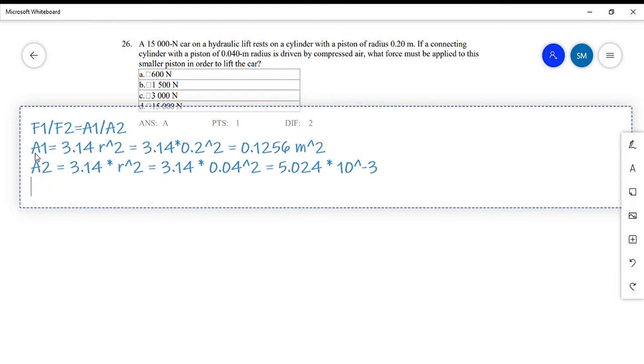Let's substitute directly. F1 is, as he said in the question, 15,000 over F2. We want to know it, which is equal to A1 over A2, 0.1256 over 5.024 times 10 power negative 3.